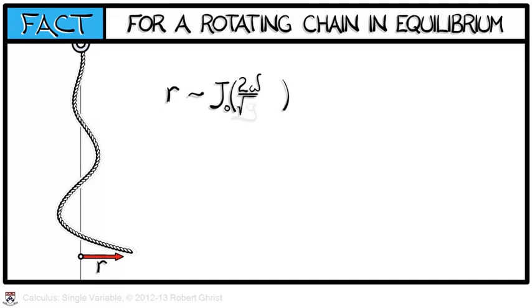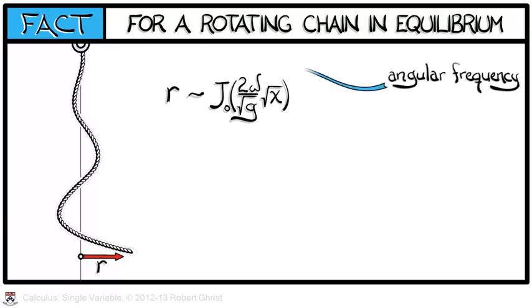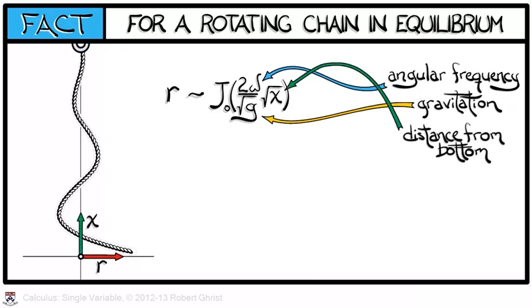This r is proportional to the Bessel function, J0, evaluated at 2 omega over the square root of g times the square root of x. Here, omega is the angular frequency, or how fast you're spinning that rope. G is a gravitation constant, and x, most importantly, is the distance not from the top of the rope, but from the bottom of the rope.